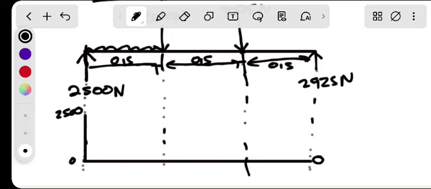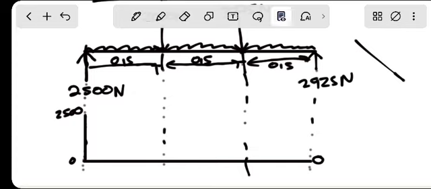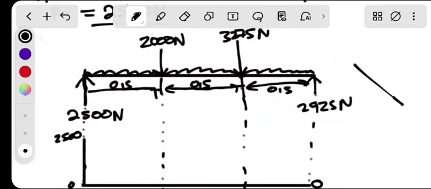Then remember, this is distributed. By the way, we have the distributed load here. If we have a distributed load, you'll have the line that's sloping like that. So the line will slope for that 0.5, going down by 2500, this is facing downwards, minus 2000, right?